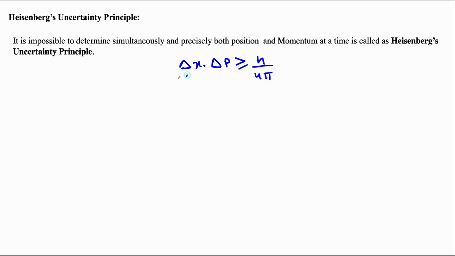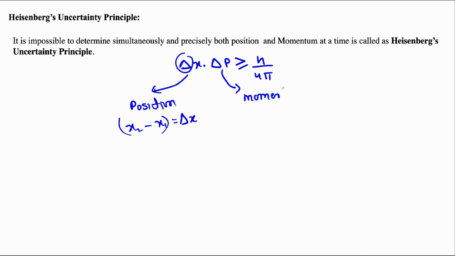What is delta x? Delta x is the position. What is delta? Delta means x2 minus x1 is nothing but delta x. Similarly, what is delta p? Delta p is the momentum. Delta p means p2 minus p1, and delta x into delta p is nearly or greater than or equal to h by 4 pi.